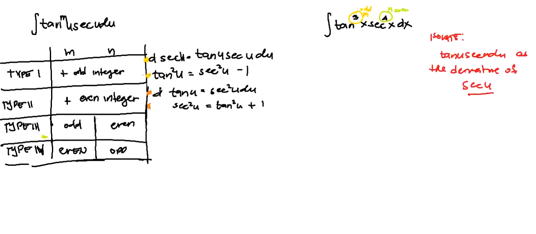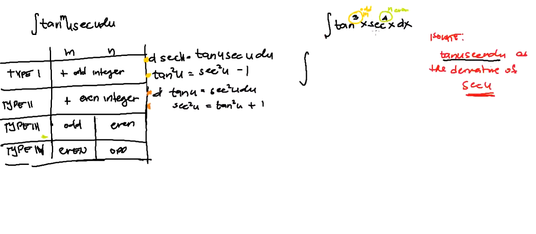That's why we will use the identity tangent squared u is equal to secant squared u minus 1, in order for us to make the whole form in terms of secant, since we will be using the secant and its derivative. Okay, so that is our technique. So first, let us isolate the tangent u secant u du.